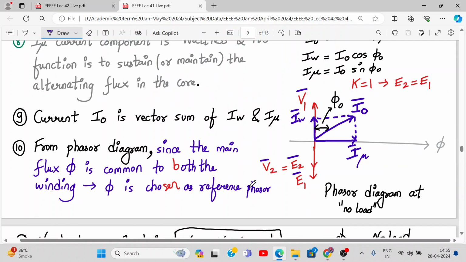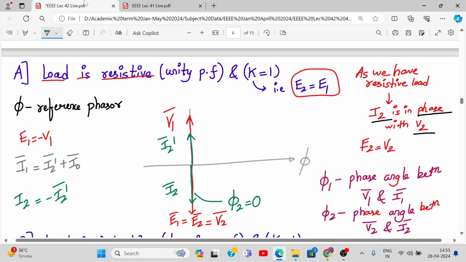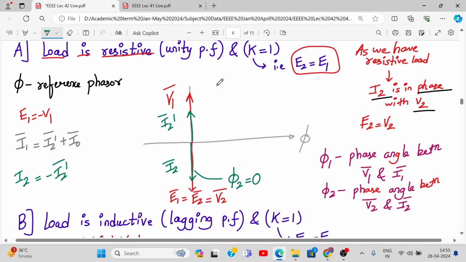This phasor diagram we have drawn. So if this is V1, I0 will come in the first quadrant. But I'm not showing IW and I-mu here. Some angle will be there, but let's say it is drawn over here, maybe I0.